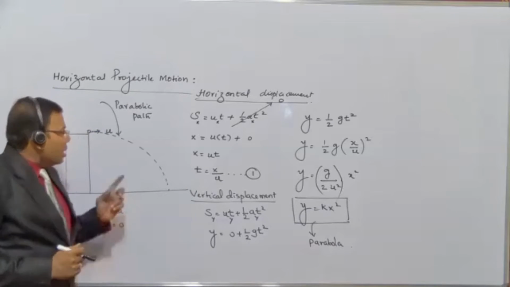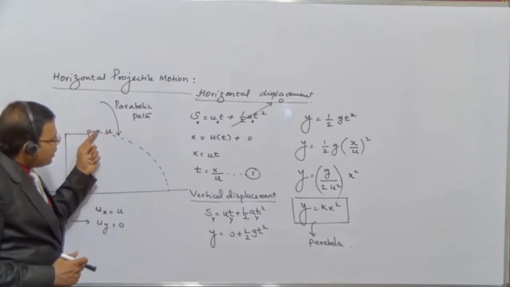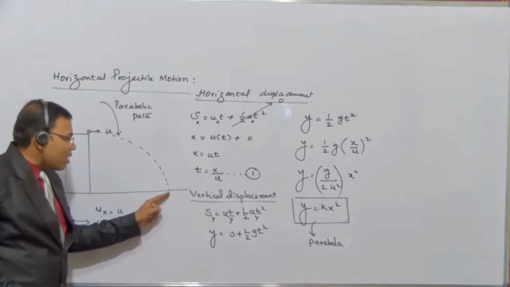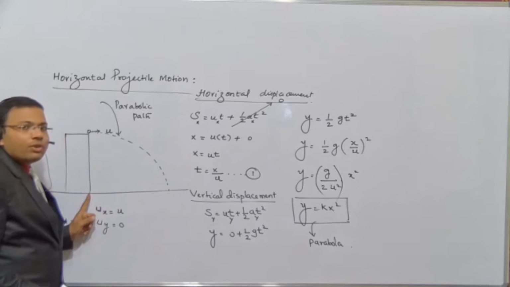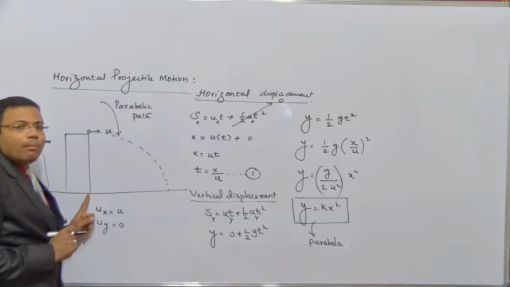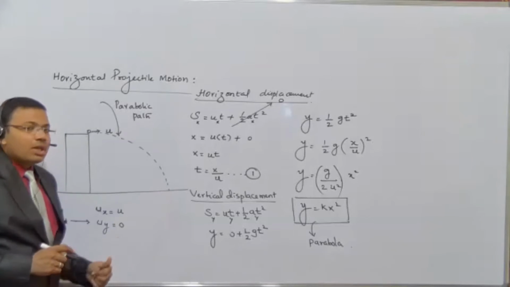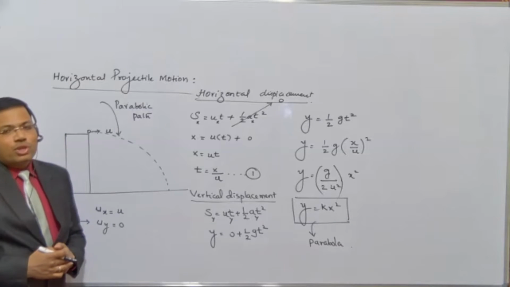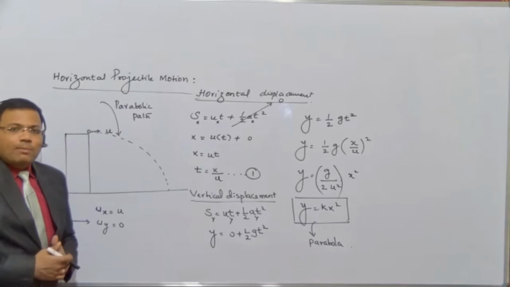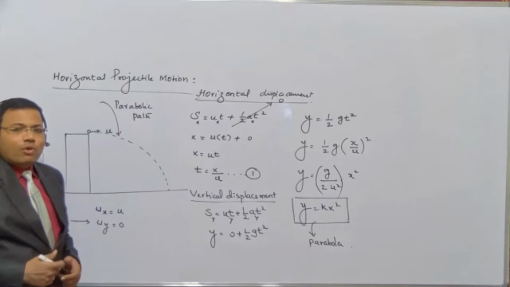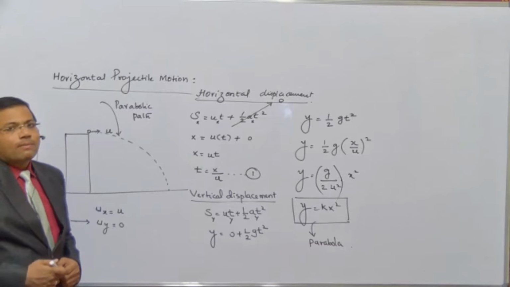The second one is when you throw this object, it is going to reach one point which is far away from the foot of the tower, the foot of the building. So from here to here we call it the range of the projectile.